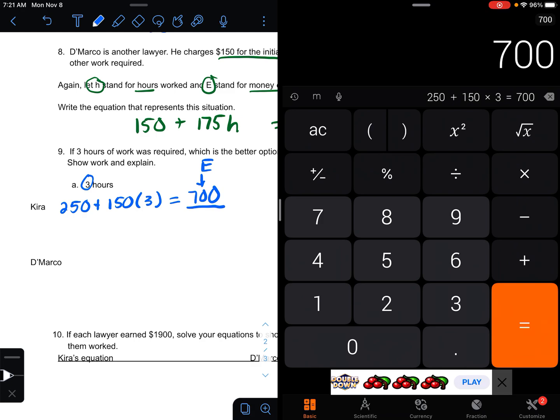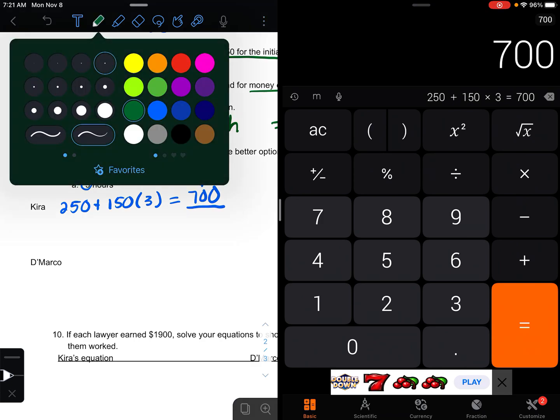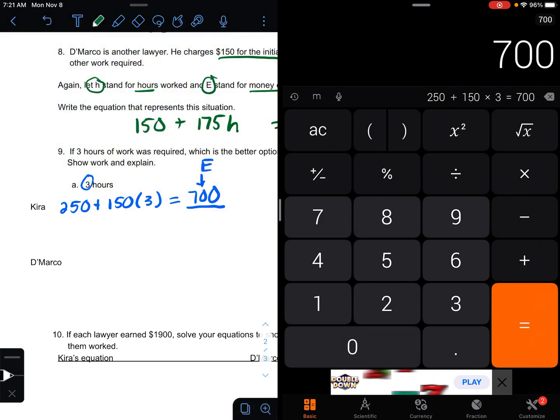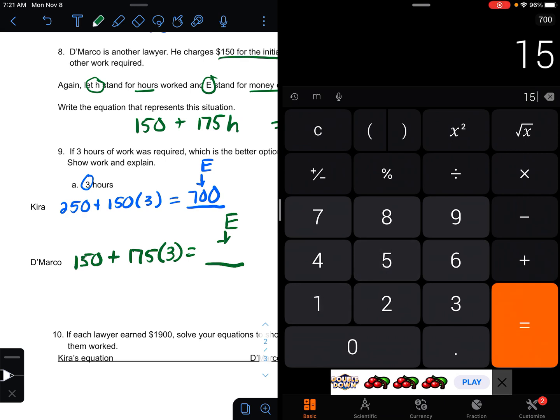All right, let's go ahead and do DeMarco for that same amount of time. So his was 150 for the initial meeting plus 175 per hour for 3 hours. And let's see how much money he earned. 150 plus 175 times 3 is equal to 675.